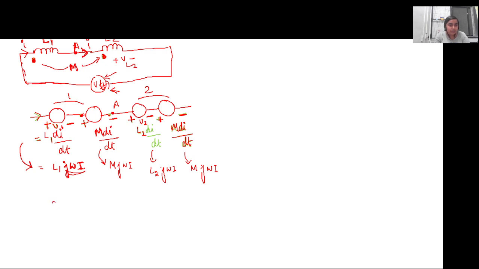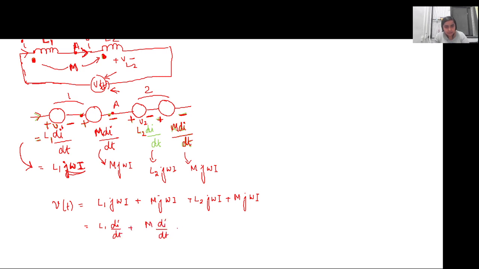So the net equation is: if we apply KVL in this single loop, V of t will be equal to L1 j omega I plus M j omega I plus L2 j omega I plus M j omega I. This is similar to the differential equation, which otherwise we would have written as L1 di by dt plus M di by dt plus L2 di by dt plus M di by dt.